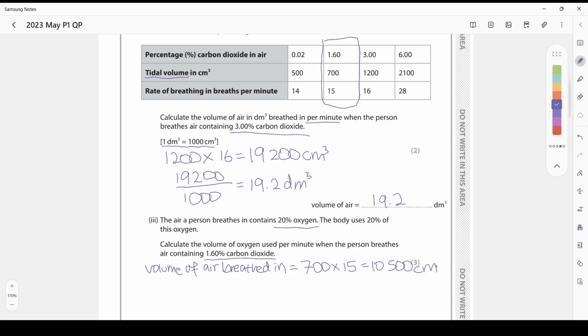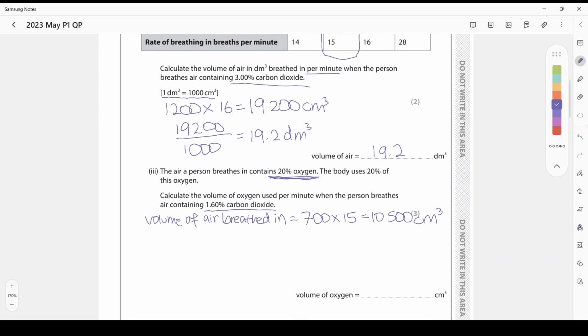Let me write cm³. Okay, and then it says the air a person breathes contains 20% of oxygen. So let's do volume of oxygen. So that would be 20% or 0.2 times 10,500.